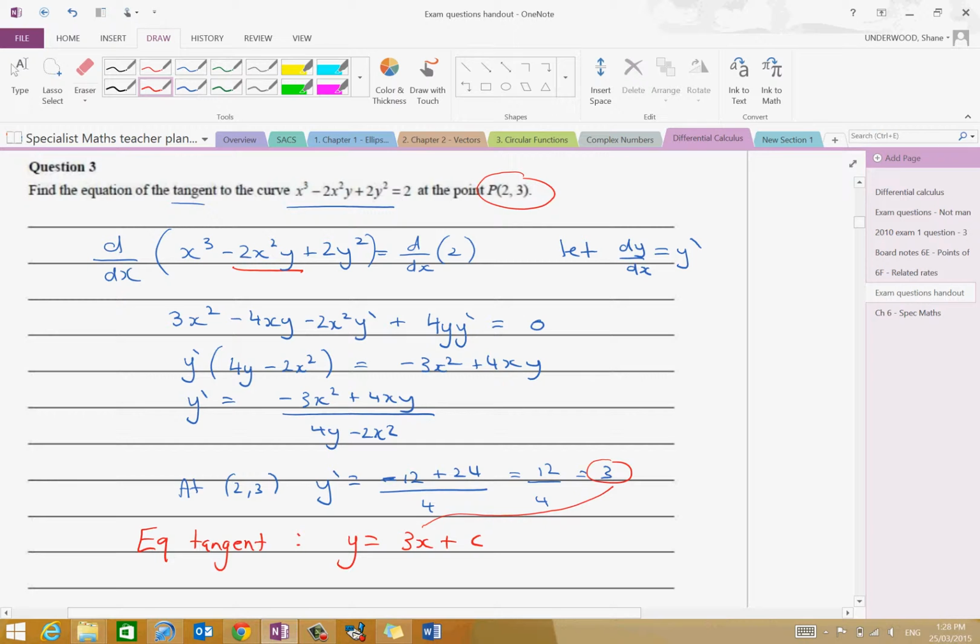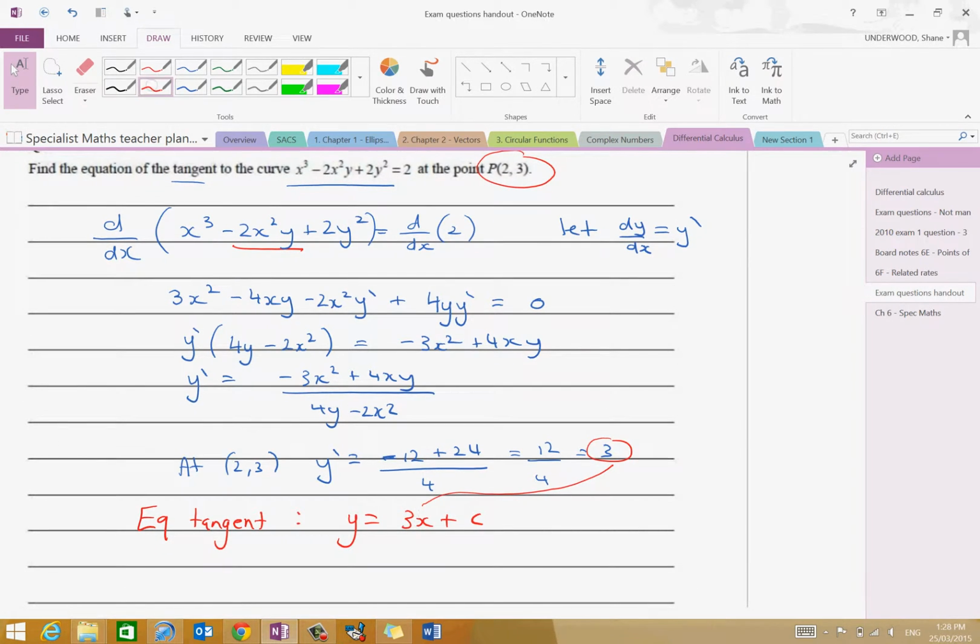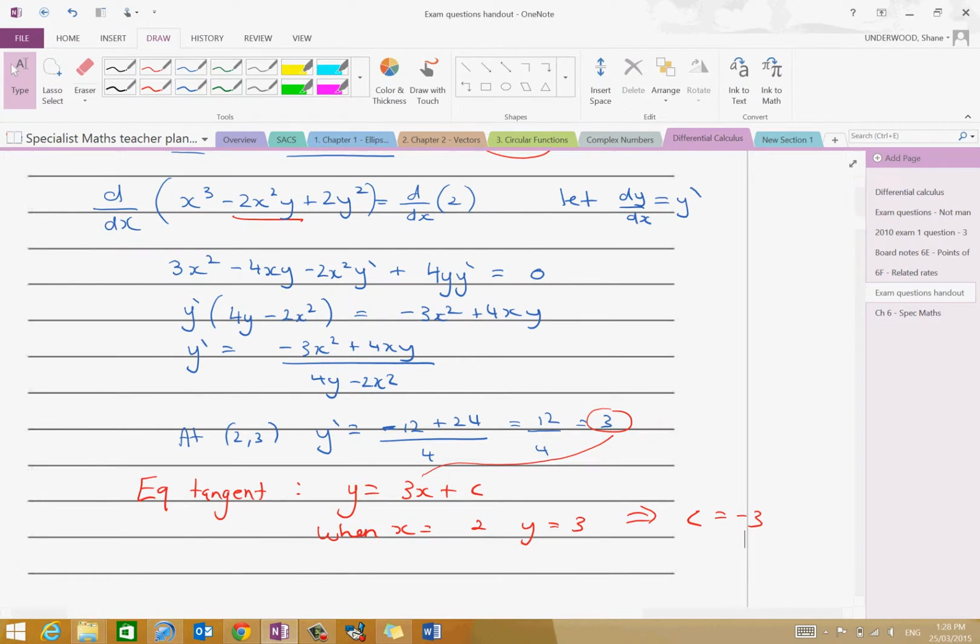Now I've been given a point, (2, 3), haven't I? So therefore we're going to now say that when x equals 2, y is equal to 3, which therefore implies that, I'm just going to skip a step, c is equal to negative 3. So I've just done this in 3 minutes and 45 seconds with explaining it along the way.